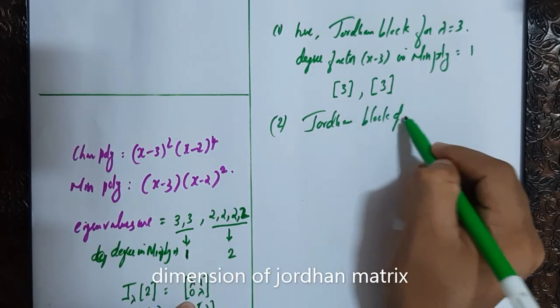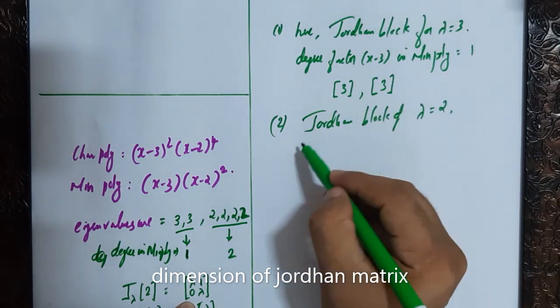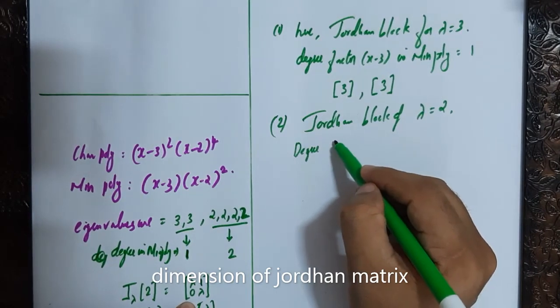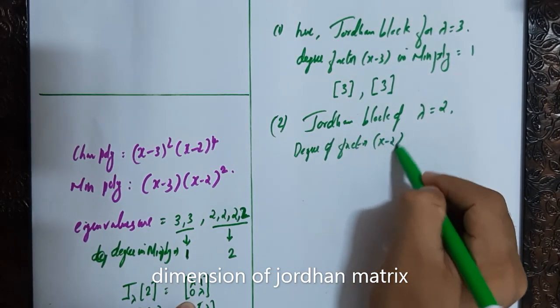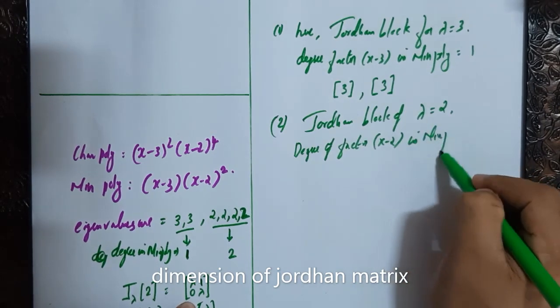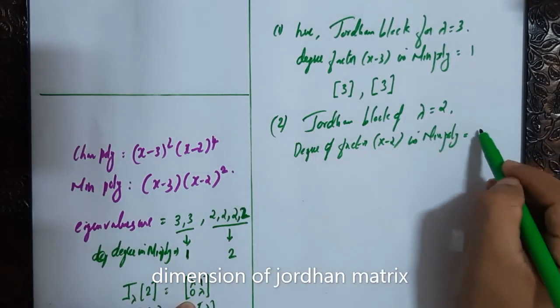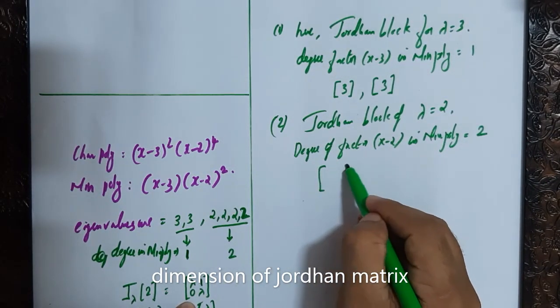of lambda equal to 2. Now the degree of the factor x minus 2 in the minimal polynomial is 2. So there must be a block of degree 2.